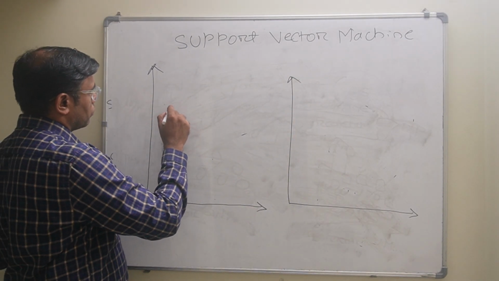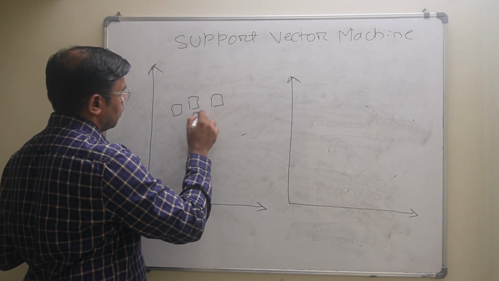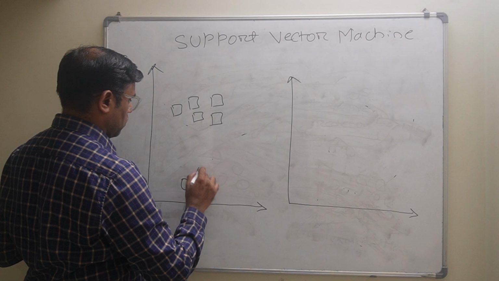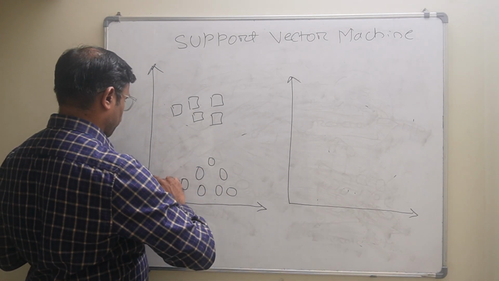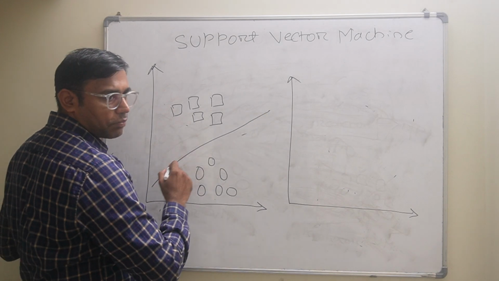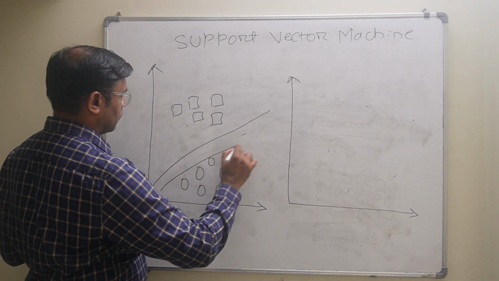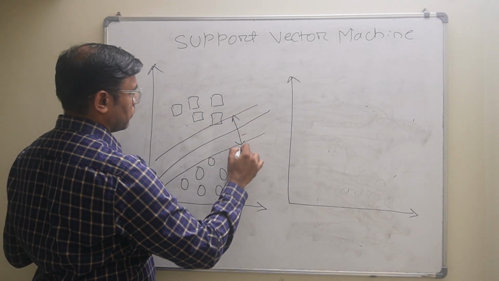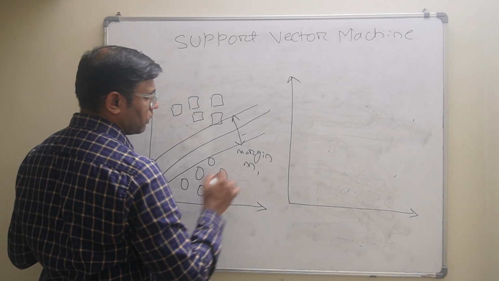Okay, so this is the hyperplane and these are the support vectors. So I will draw this line again. Both of these together are nothing but the margin. So I will call this margin M1.